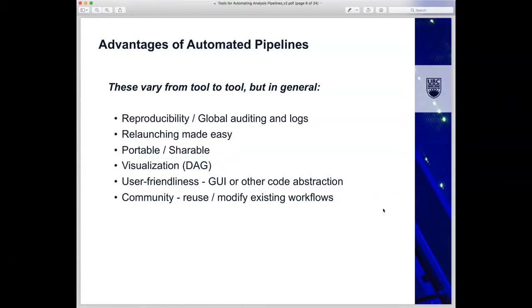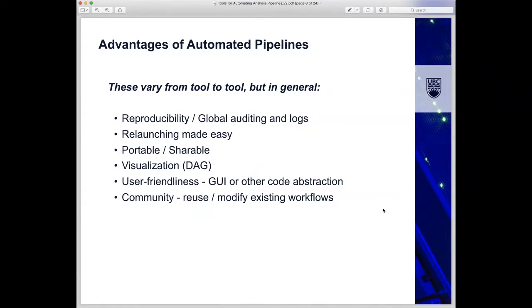So another is visualization. Some of them will produce a DAG, or a directed acyclical graph, which is essentially just a visualization of what happened or what is going to happen. And this is nice too.